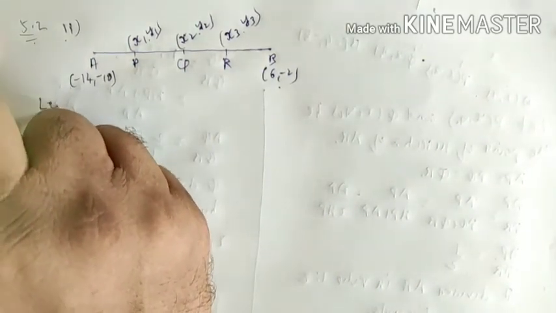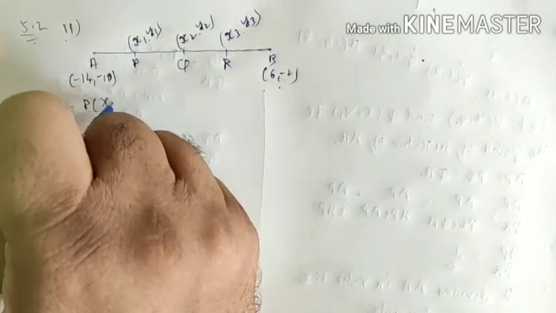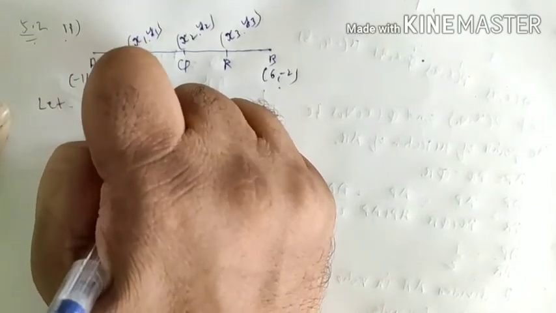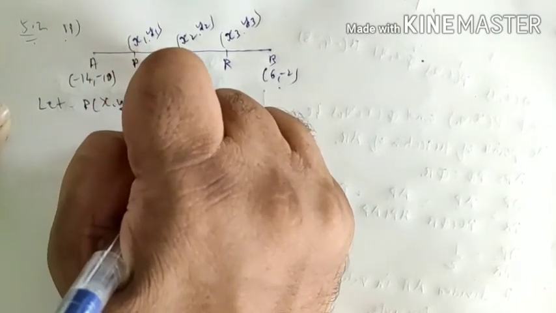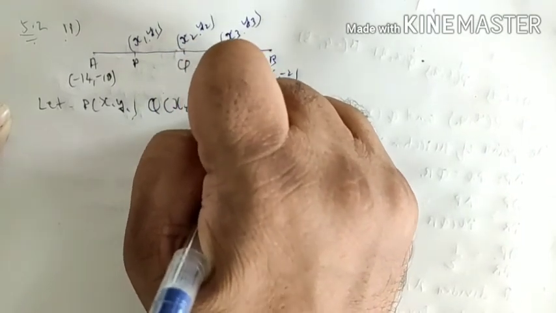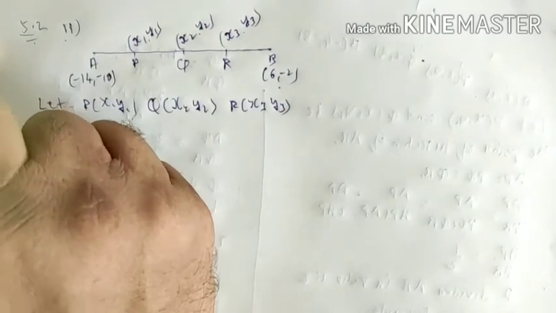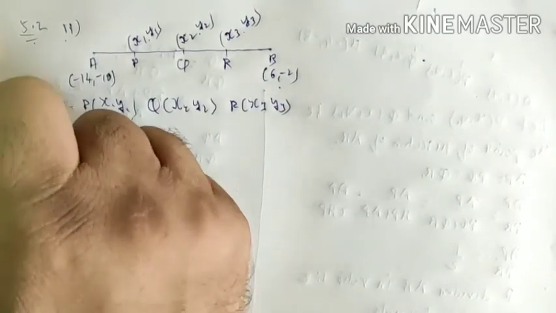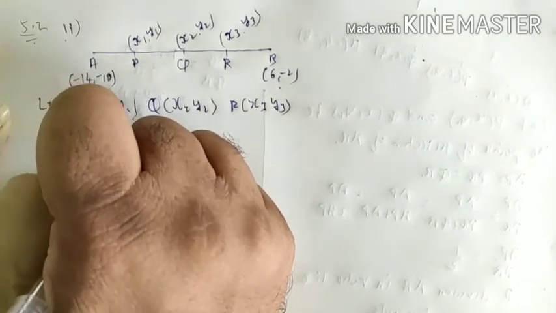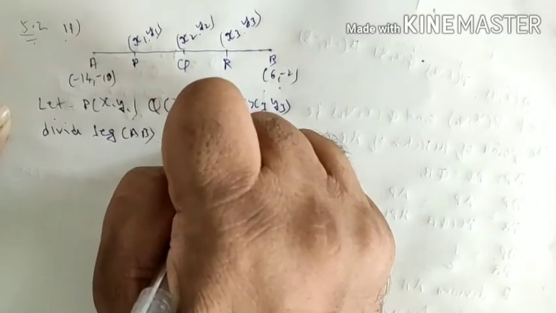So we shall write here, let P x1, y1, Q x2, y2, R x3, y3 divide segment AB into 4 equal parts.